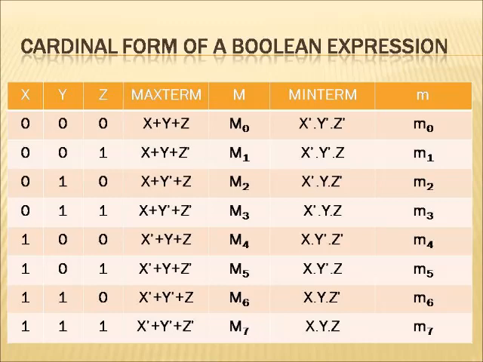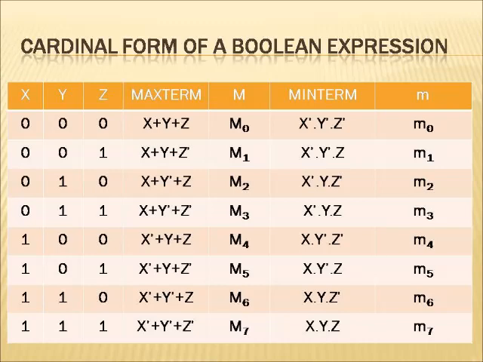So we can say x bar dot y bar dot z bar is the minterm for the values x, y, z equal to 0. And similarly, when x is equal to 0, y is equal to 1 and z is equal to 0, we can write it as x bar dot y dot z bar. Here only y is 1, so we can write x bar dot y dot z bar, right?